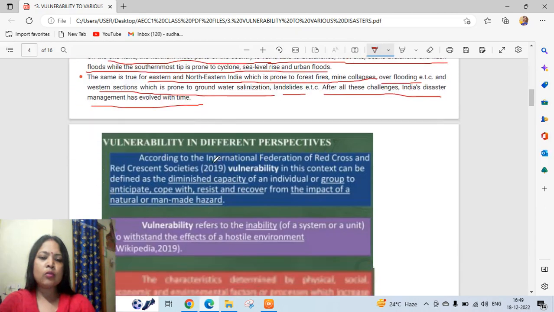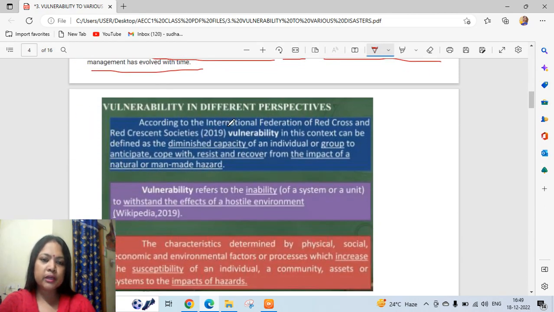Okay, so now come to vulnerability in different perspectives. According to the International Federation of Red Cross, which is an international organization, it defines vulnerability as the diminished capacity of an individual or group to anticipate, cope with, resist and recover from the impact of a natural or man-made hazard.